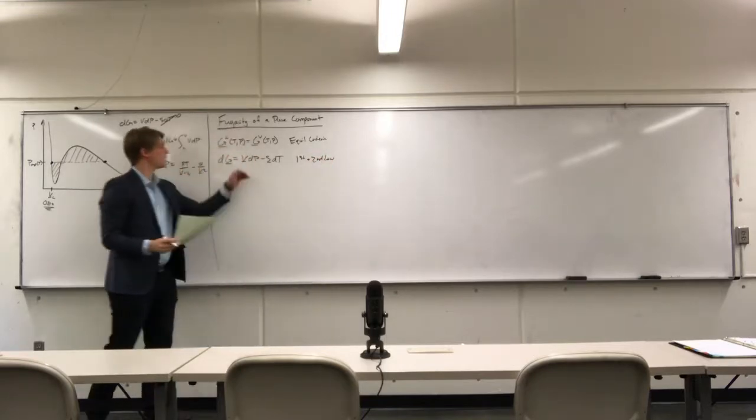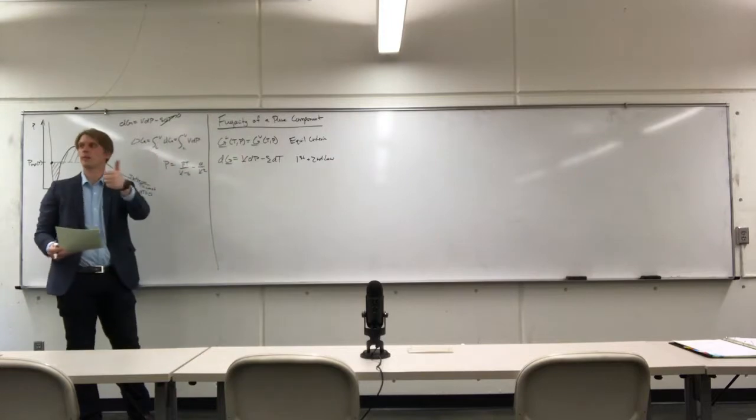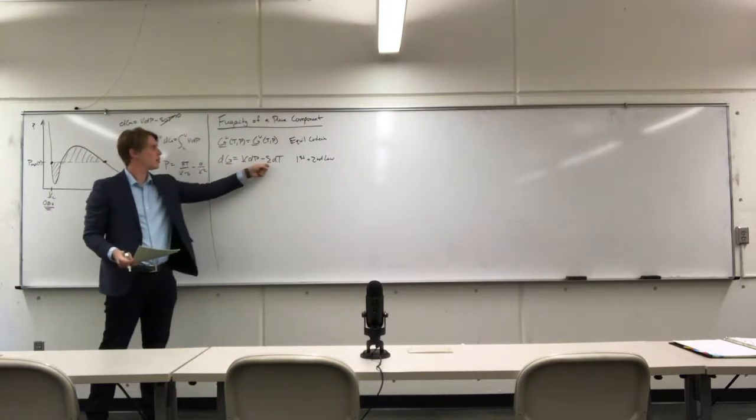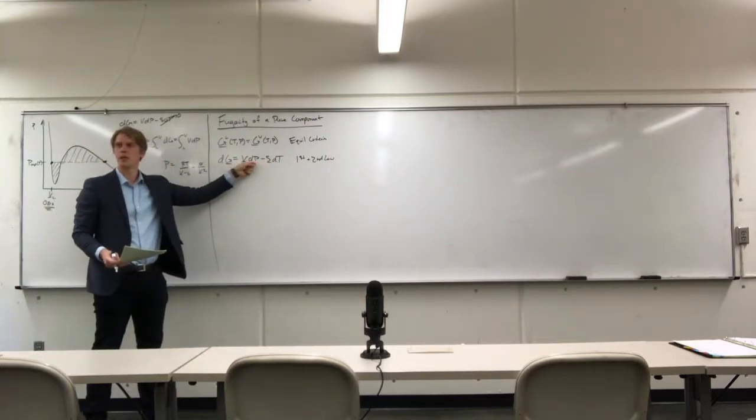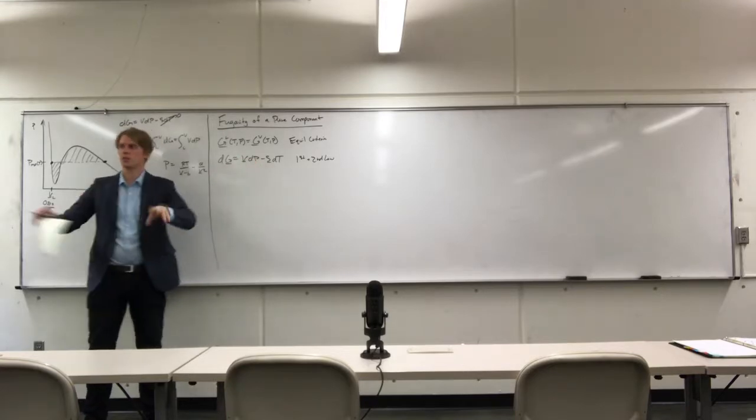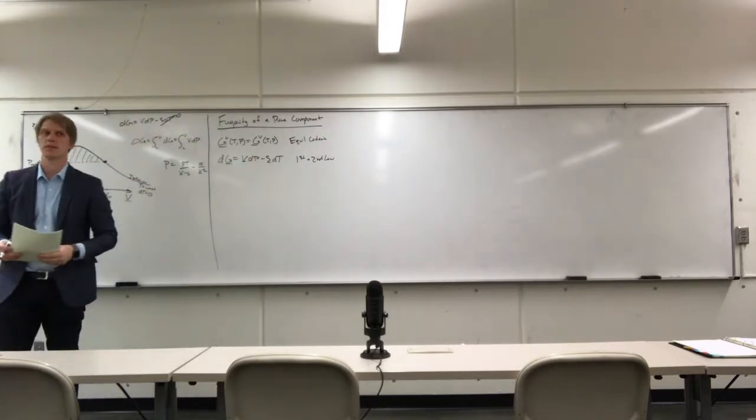The only thing that we've done to get to this equation right here is define the Gibbs free energy, define the temperature, define the pressure, and then more or less substituted everything together with a whole bunch of calculus and tedious math.